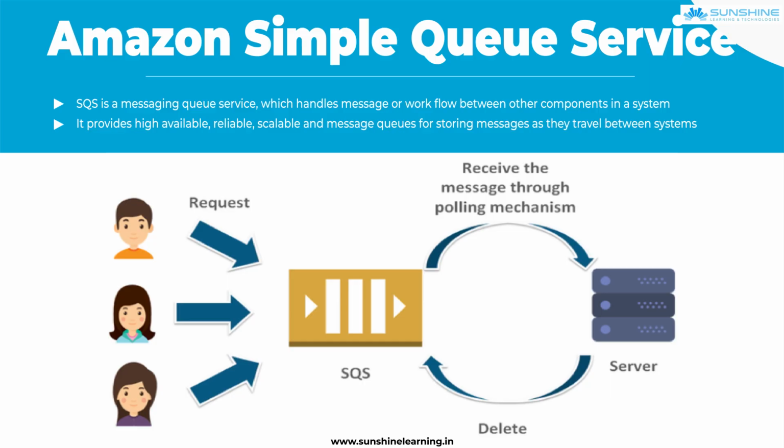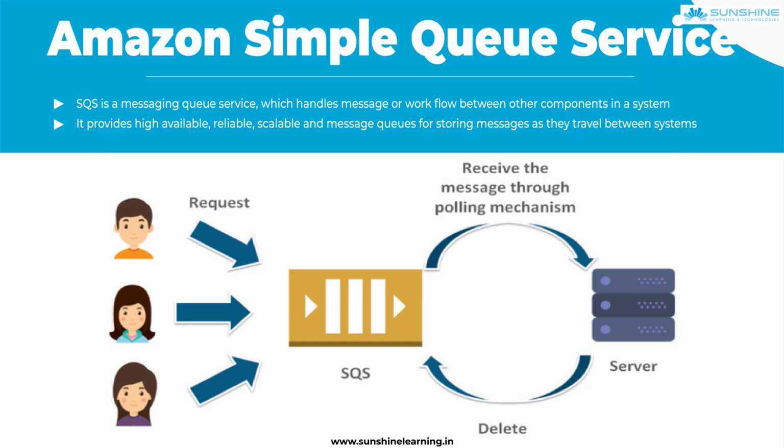So where exactly can you use SQS in a real-time scenario? There are many places where you can use the SQS. You can use it for order management, order processing, like in e-commerce platforms. You can use it for ticketing systems, booking online tickets, booking cinema tickets, booking airline tickets, and also in case you're requesting a new credit card or a debit card, all these messages can arrive in a queue created by the organization.